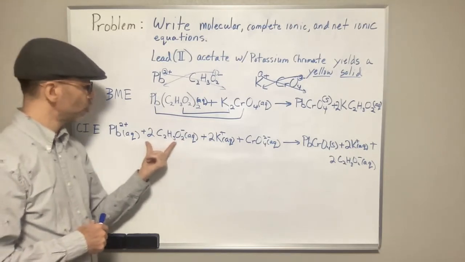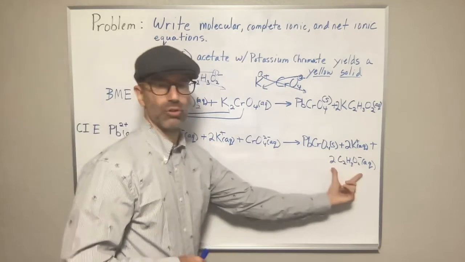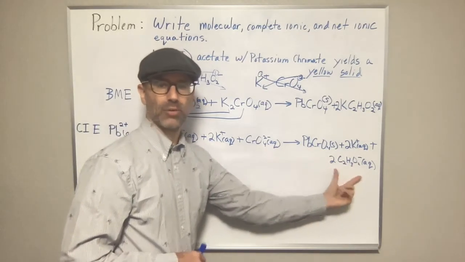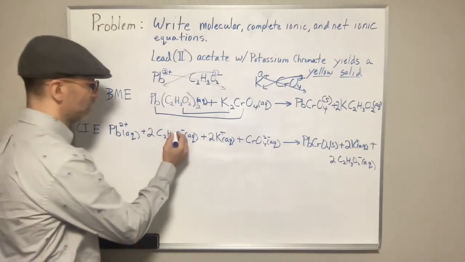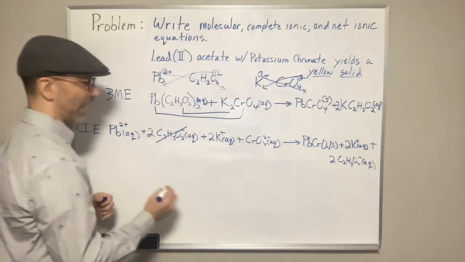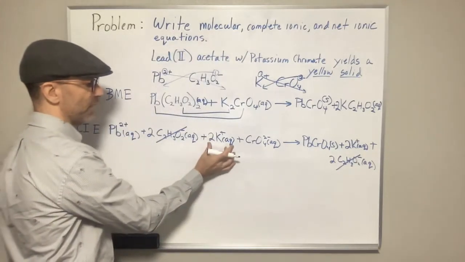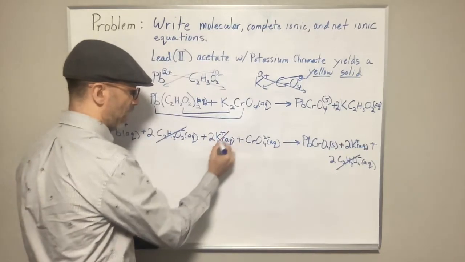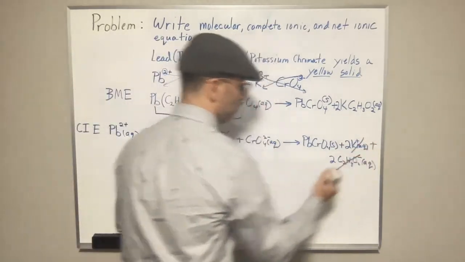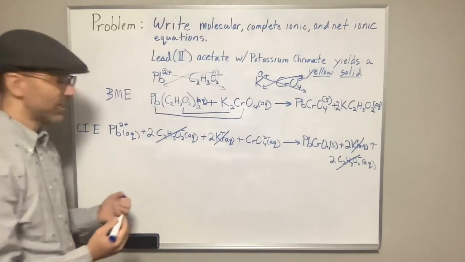Here I have two acetate ions in the aqueous state, and here I have two acetate ions in the aqueous state. So that is a spectator ion, and we're going to get rid of it. The acetate ion is a spectator. You'll notice I have two potassium aqueous and two potassium aqueous, so that is a spectator. What's left over is your net ionic equation.